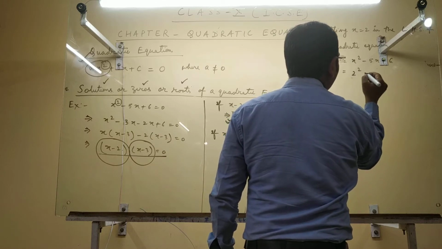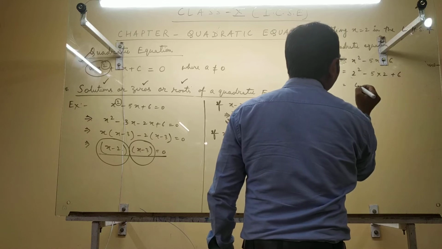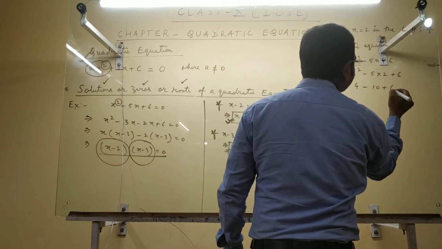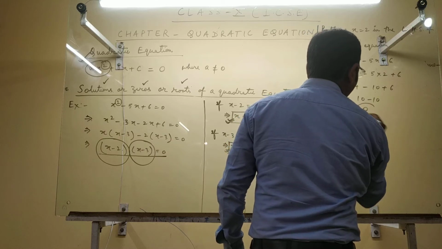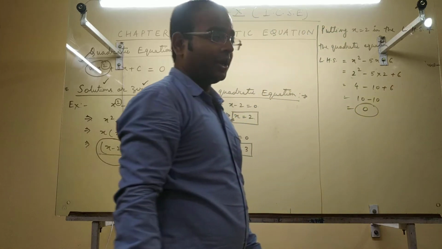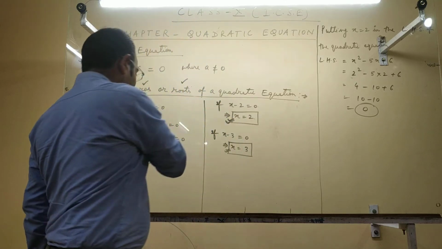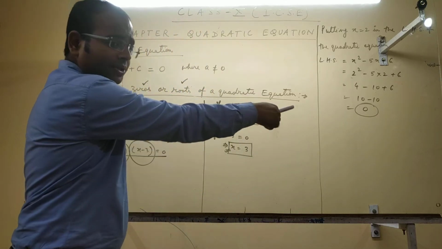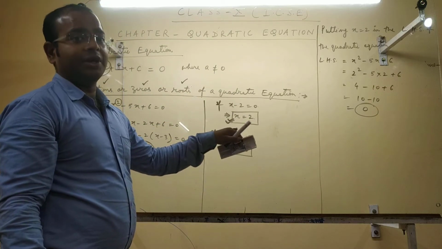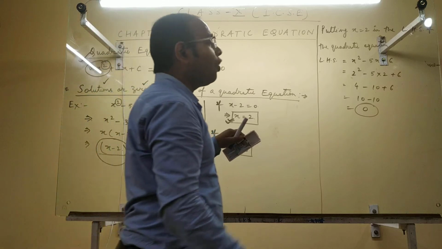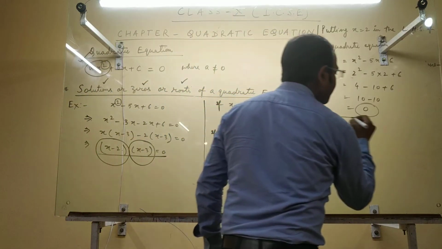So 2 square minus 5 into 2 plus 6. So 4 minus 10 plus 6. 10 minus 10, which is equal to 0. So clearly we can see here, if we put x is equal to 2 into our quadratic equation, the equation becomes 0. So this shows that x is equal to 2 definitely is a solution or root or zero of the quadratic polynomial. Let's check for the other root also.